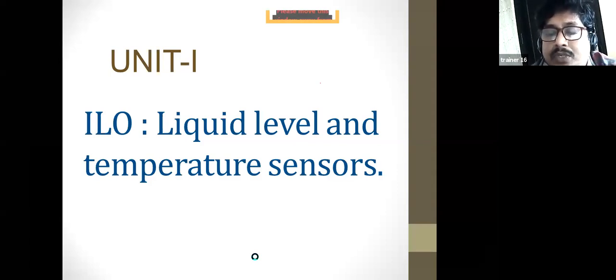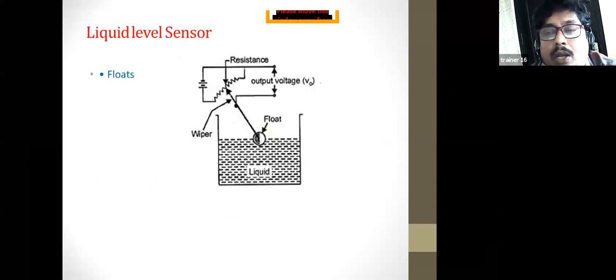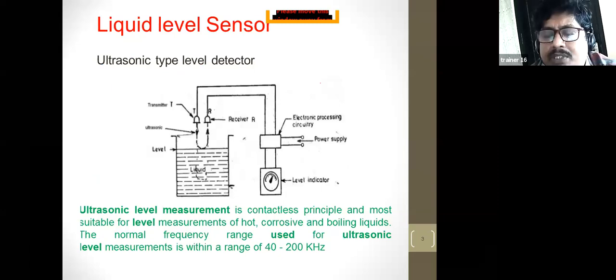Next we discussed another liquid level sensor, the ultrasonic type. This is especially used where temperature has to be measured at very high ranges, maybe around 1000 or 1500 degrees centigrade, where human beings can work only with great difficulty.